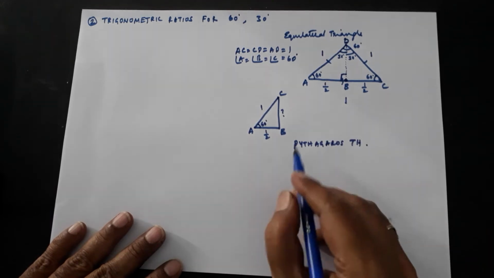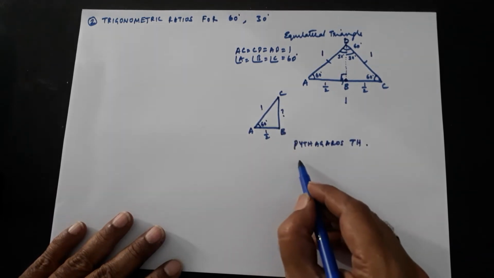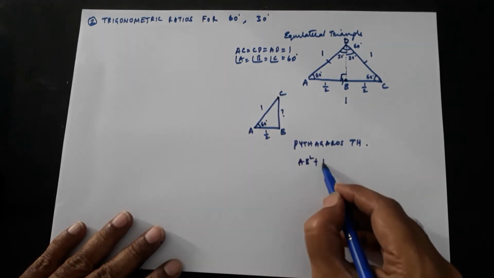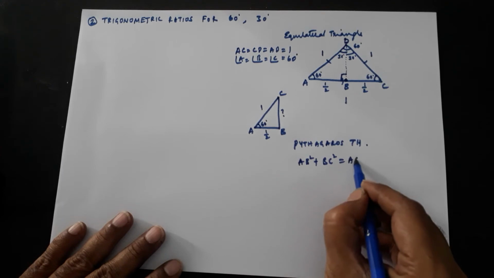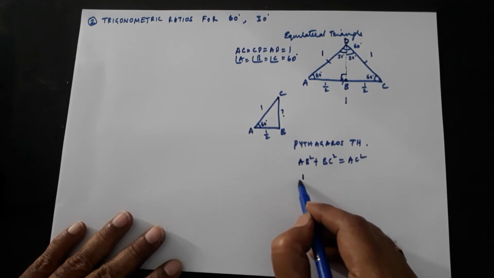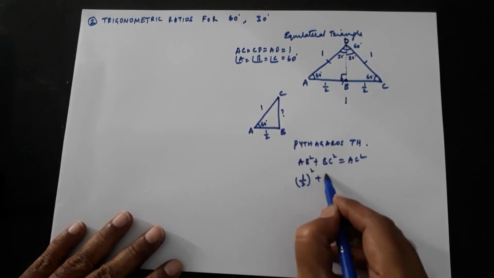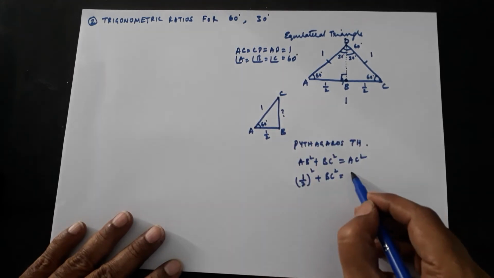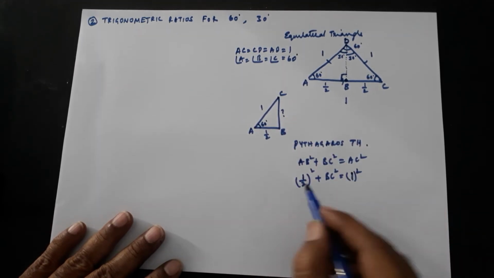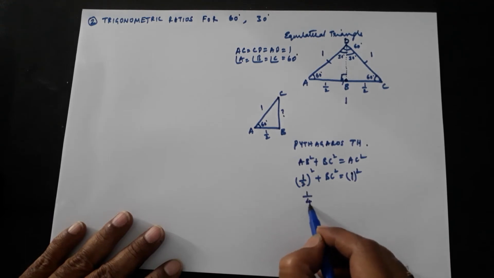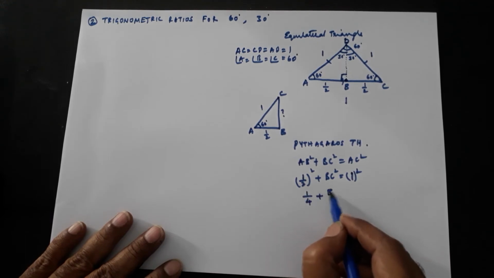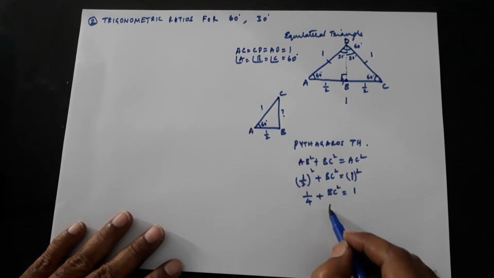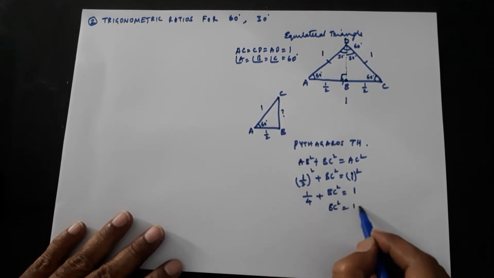If you apply Pythagoras theorem, AB square plus BC square equal to AC square. AB we have half square plus BC square equal to AC is 1 square. Okay. Half square is 1 by 4 plus BC square we don't know, we need to find out, and 1 square is 1. So BC square equal to 1 minus 1 by 4.